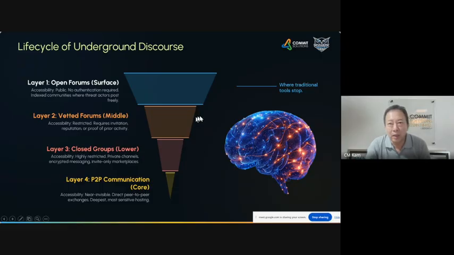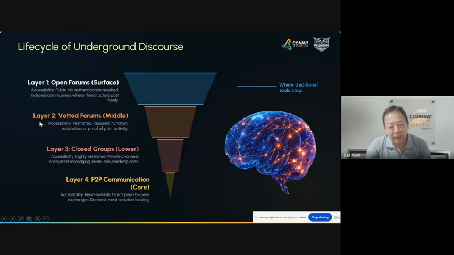But what we are looking at, the surface of the web, is important. It's part of layer one, what we call the surface, where people actually do share credentials as well. Today, from a surface perspective, there are areas where you can get information about credentials of people. This is one of the areas we look at.